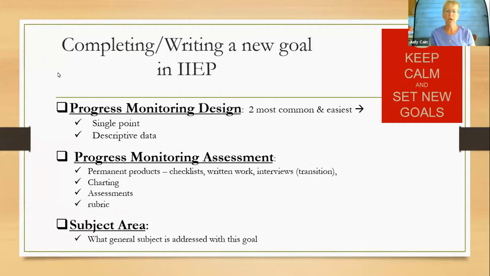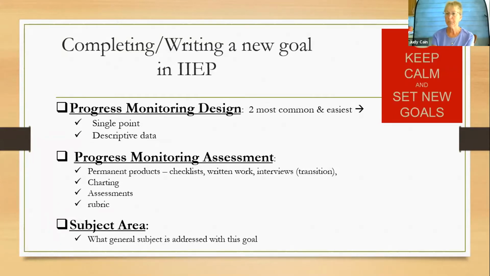And then progress monitoring. We have been, in Wayne Township, on a big push to use the single point evaluation or monitoring, which is probably in reality the easiest to do once you get it set up. Or you can use descriptive where it's more anecdotal. And so either one of those, I mean, there's more, but those are the two most common ways.